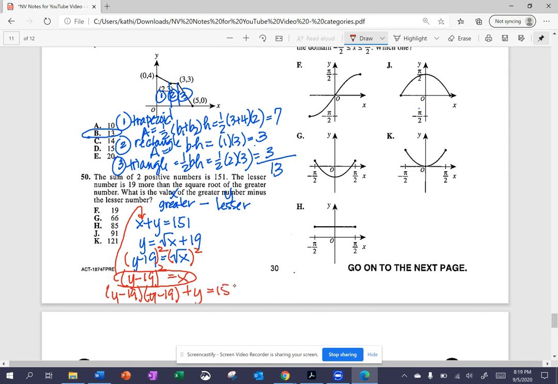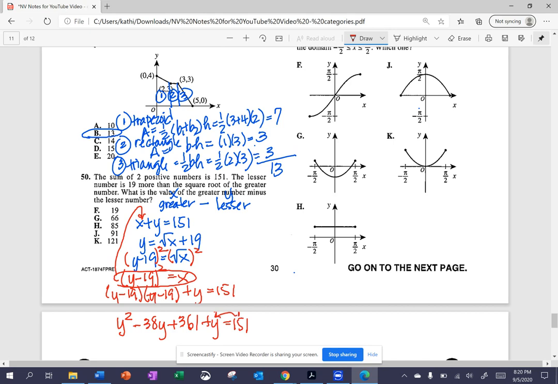equals 151. So multiplying this out, I'm going to get y squared minus 38y plus 361 plus y equals 151. Next, I'm going to combine like terms, and I'm going to move 151 to the left side of the equation.